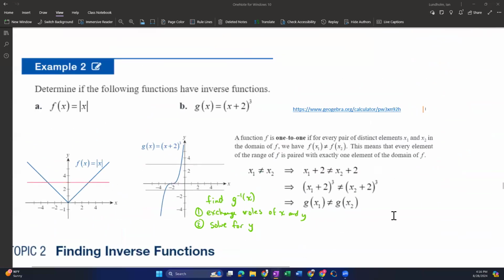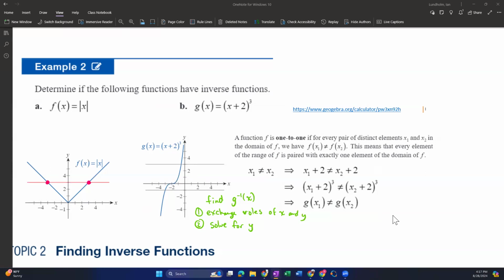Example number 2: determine if the following functions have inverse functions. The first one is the absolute value of x. The problem here is that we fail the horizontal line test, so there are two elements in the domain that both get mapped to the same thing in the range. +3 gets mapped to 3, and -3 gets mapped to 3.